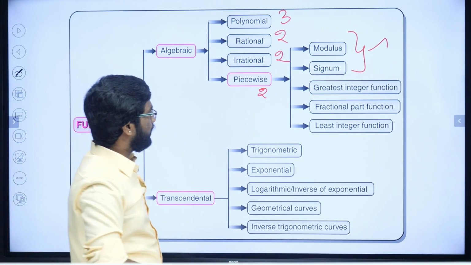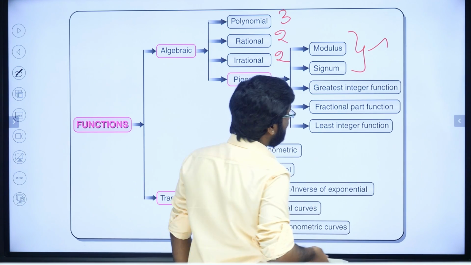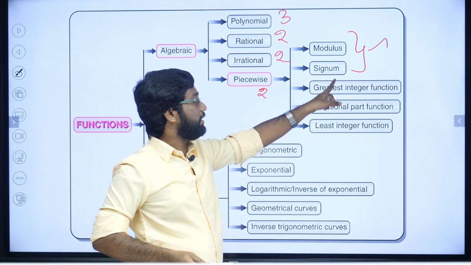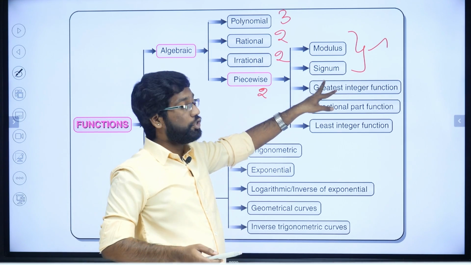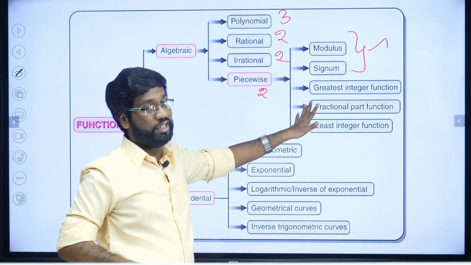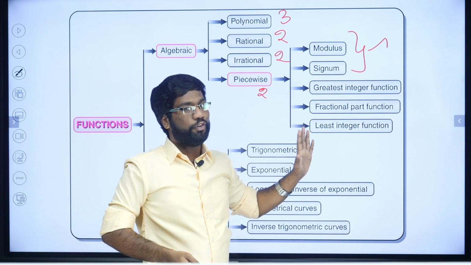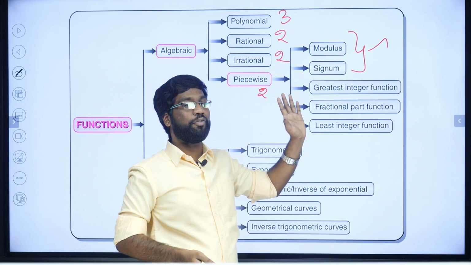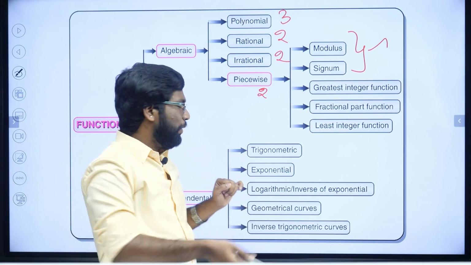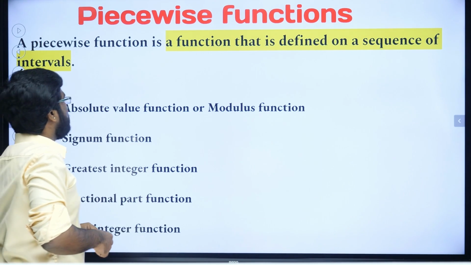In the next lecture I will cover these 3, and also greatest integer function and fractional part, which are very important. If you haven't watched those lectures, please go and watch them. It's very useful for you. In JEE basic mathematics they have asked so many questions from greatest integer function. Okay, let's go into the topic.